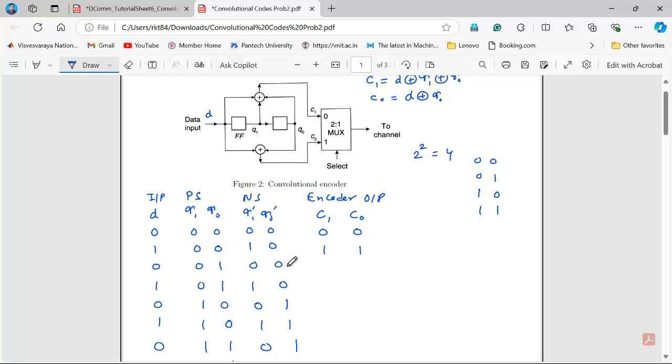Then here all 3 in C1 are added as a modulo 2 adder, so it is 1 for C1, and for C0, D and Q0. D is 0 and Q0 is 1, so again it is 1. After that, in this case, now 2 ones are there, so it is 0, and D and Q0 again gives 0. Okay, so in this way you can complete this table.